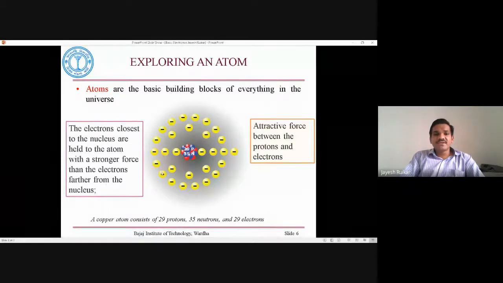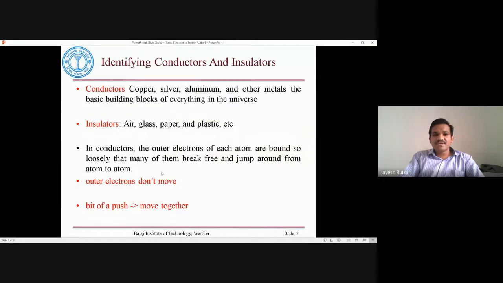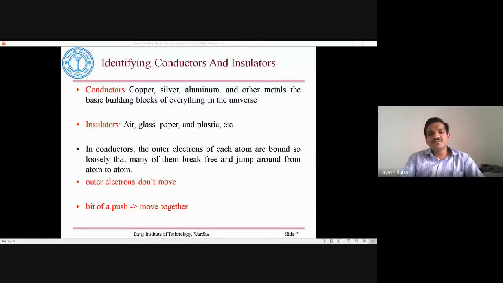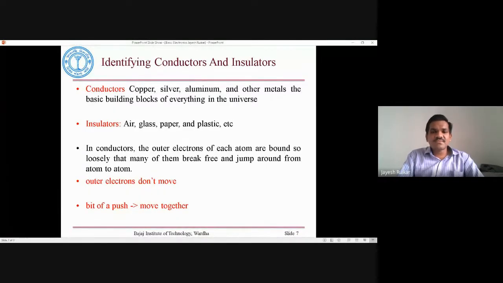Coming to the next PPT, we'll talk about conductors and insulators. So what is a conductor? The materials which are able to conduct electricity we call conductors. Conductors conduct, that's why the name is conductor.